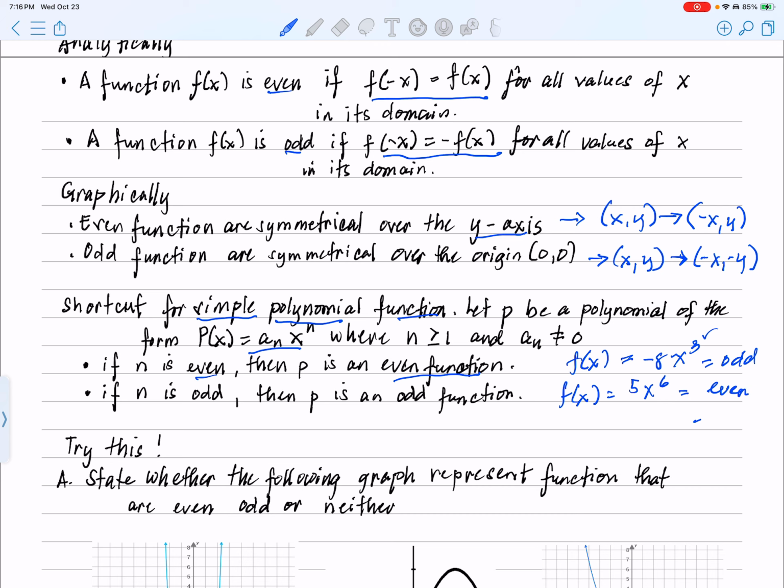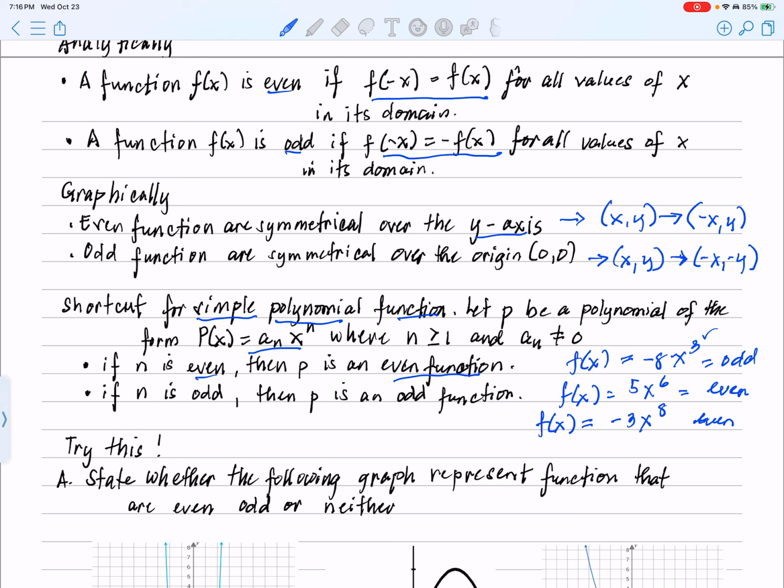If you are given a single term, I have f of x equals, let's say, negative 3 x to the 8th power. The degree is 8, so I would say it's even, by just looking at the degree.